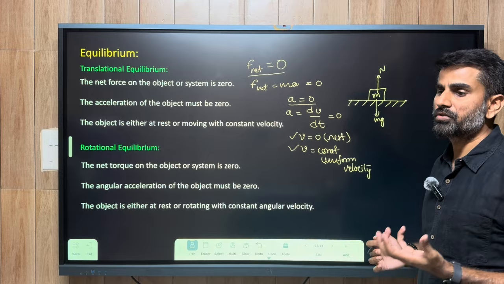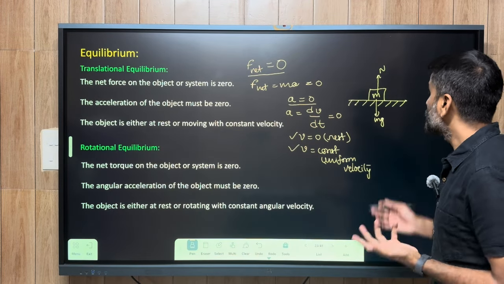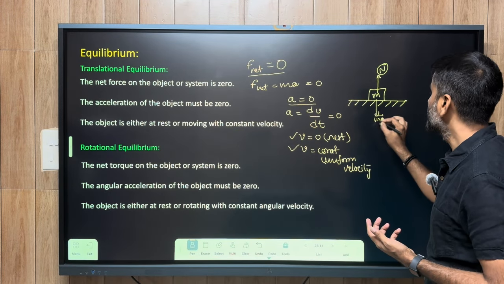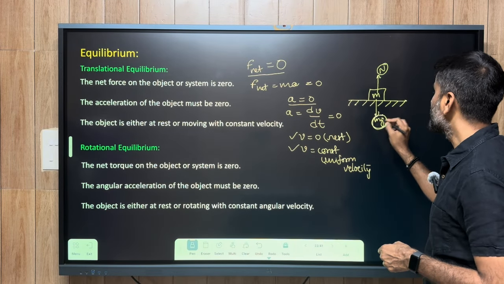How can this net force be 0? Why is this object at rest, even though there are two forces acting on the object? This is because the normal force is balancing the mg.